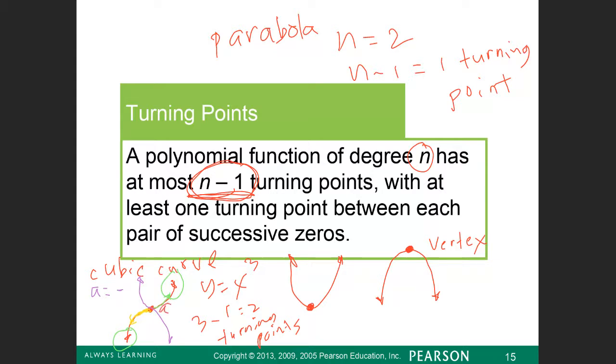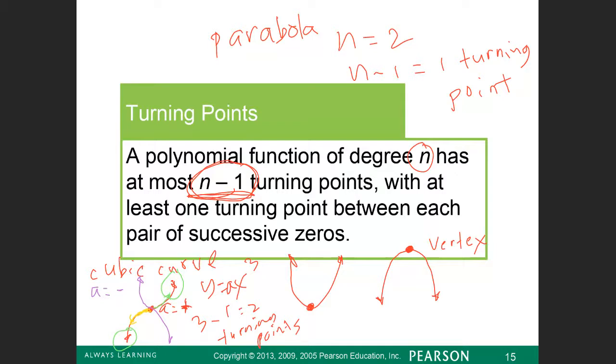So I'll just put a different color. For the purple one, A is negative, and for the red one, A is positive. A is the number beside your term x cubed, so your A should be here. A is here. Okay, that's beside x cubed.